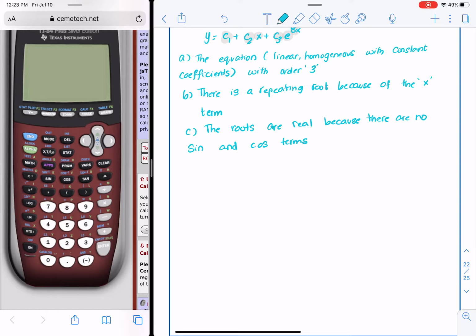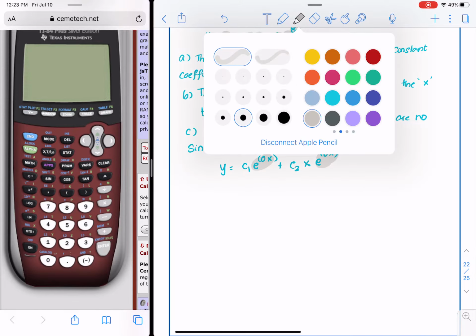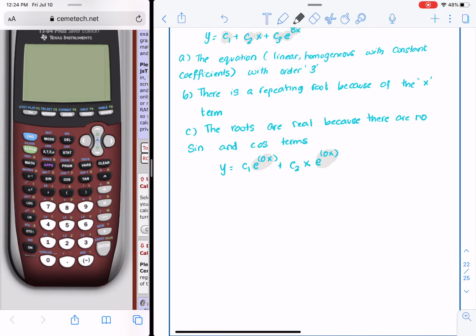So how could we rewrite this? I could rewrite this as c1 e raised 0x plus c2 x e raised 0x. So this term has to repeat here because I have x over there.